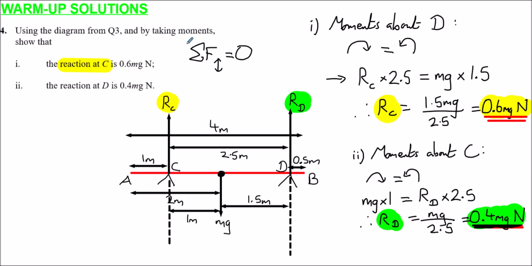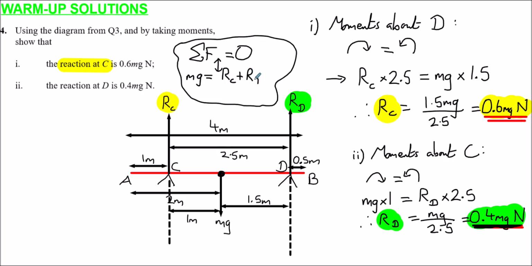So the forces going down. Let's put this in a bubble so it's not disturbing anything else. Forces acting down were just the weight of the rod, which is mg. So mg would have equaled RC plus RD. We worked out RC first, which was 0.6. So mg would have been 0.6 mg plus RD.